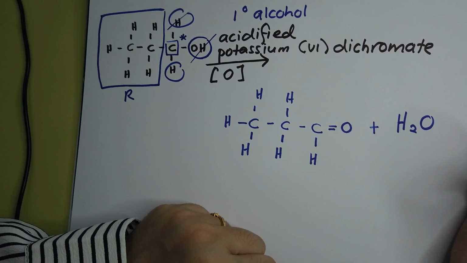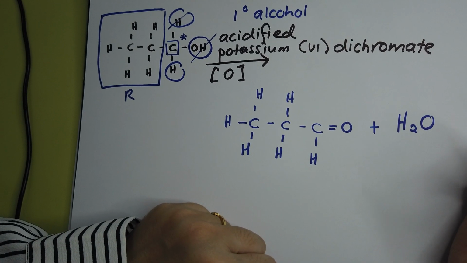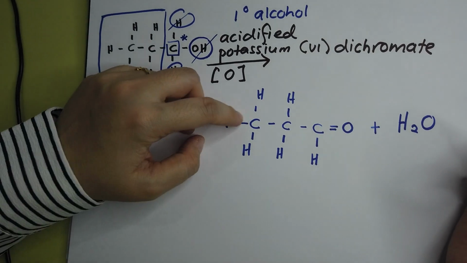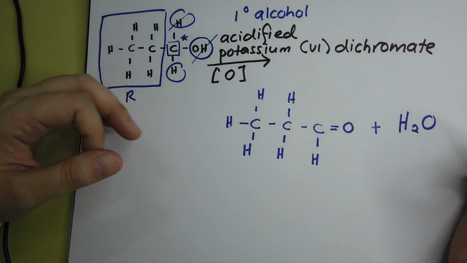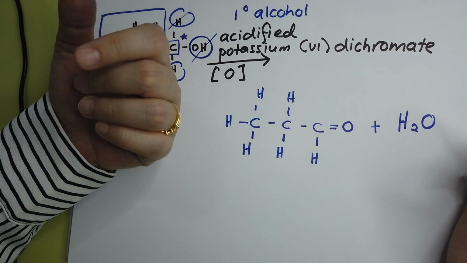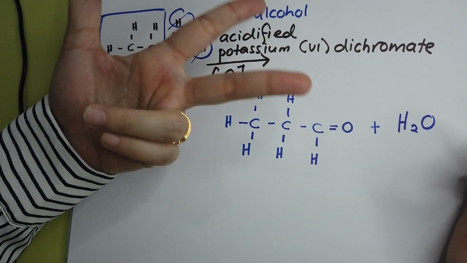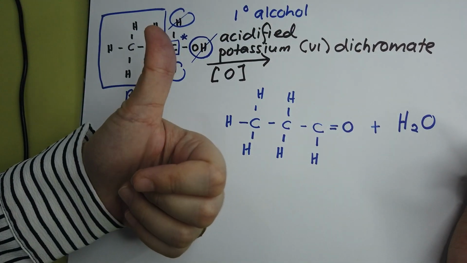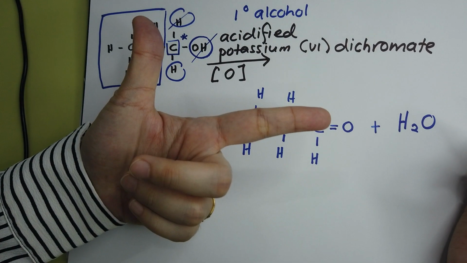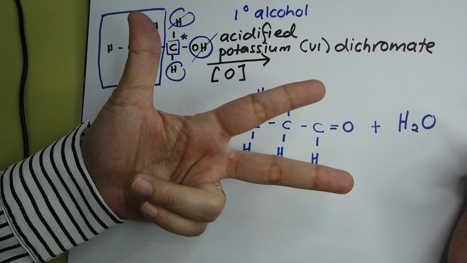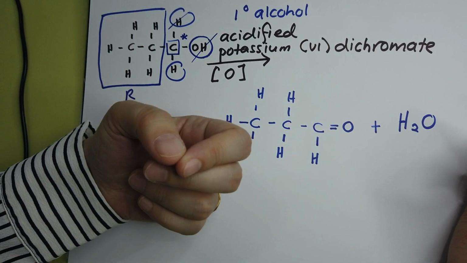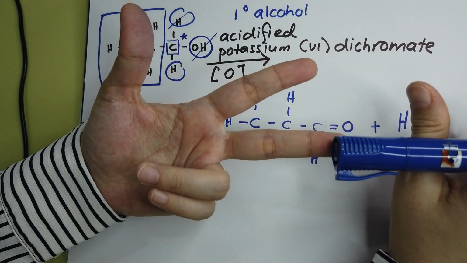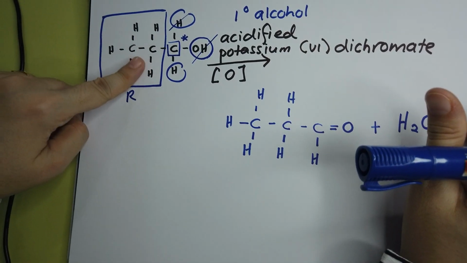For an aldehyde, how are you going to name it? 1, 2, 3, so 3 carbons. Methanol, ethanol, propanol, that is for alcohol. The third one should be propanol if it's an alcohol.